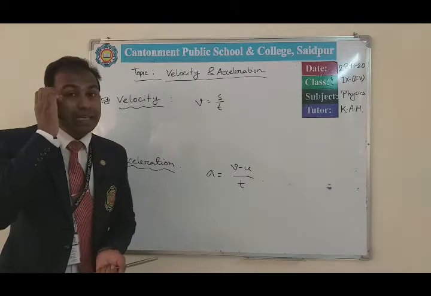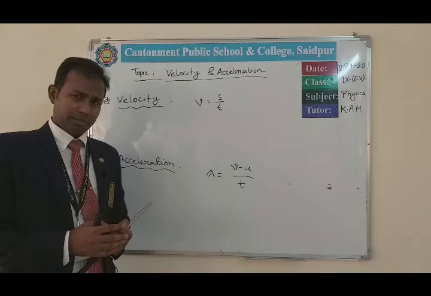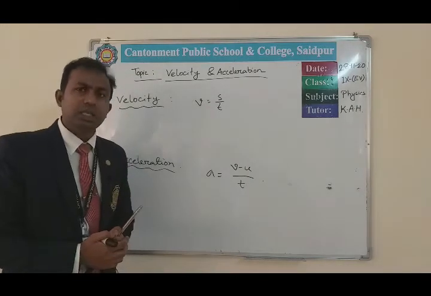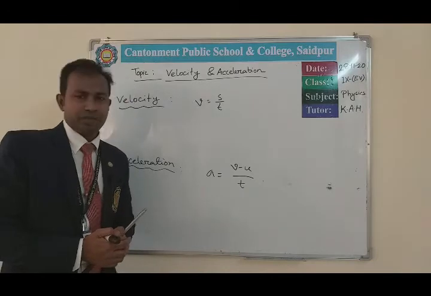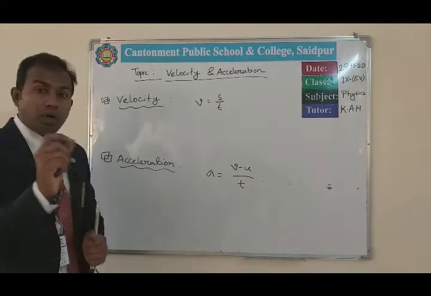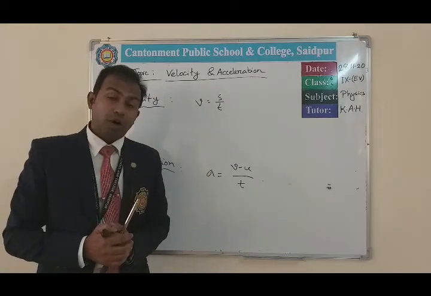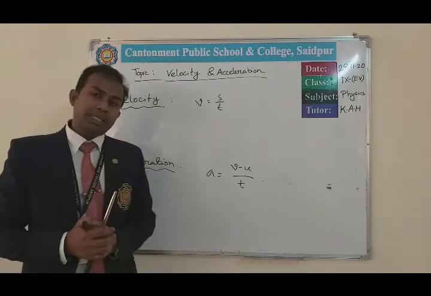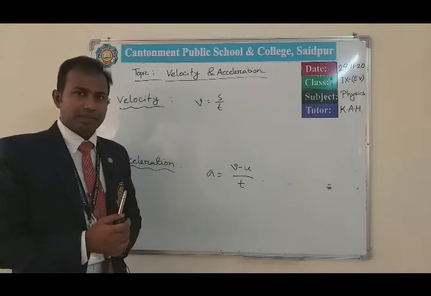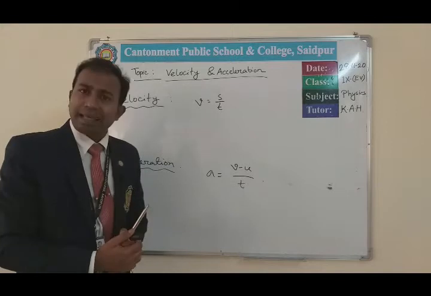And again, the displacement covered in unit time is known as velocity. Here I am indicating only the displacement, not the distance, because whenever any object is moving, it has a direction, and with that direction it is crossing some path.